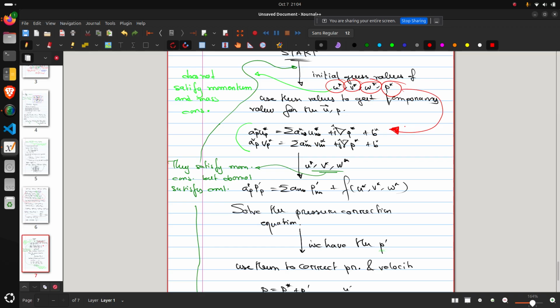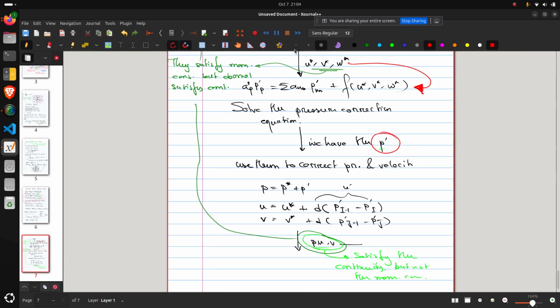After solving the momentum equation, we get the new guess values and use them to solve the pressure correction equation. Once we have the pressure correction term, we correct our velocities and pressure fields using these relations.